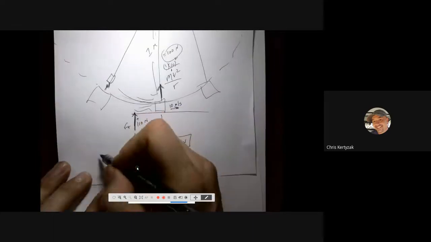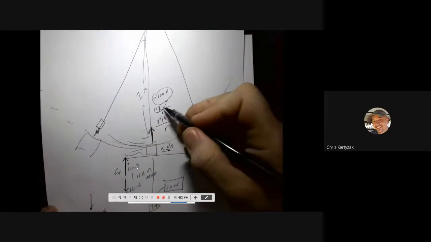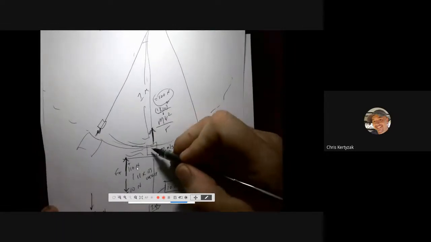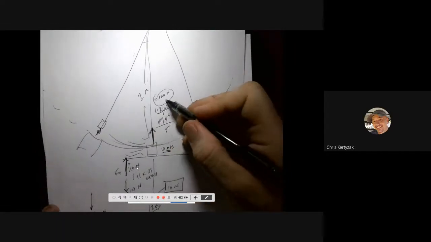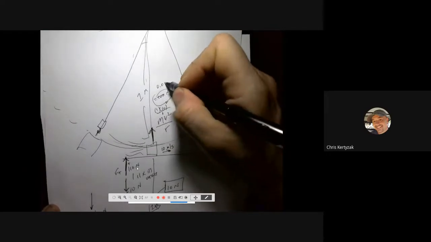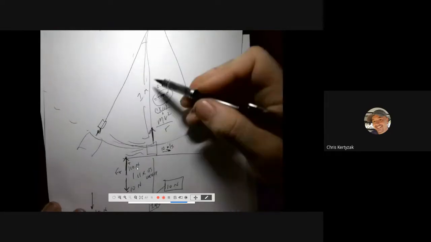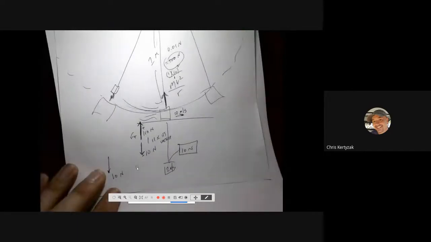Because even if it was 10 newtons down and I put in some small speed, just barely going back and forth, and I calculated this to be, instead of 100 newtons, like 0.01 newtons, let's just say. That the net force towards the center has to be 0.01 newtons.